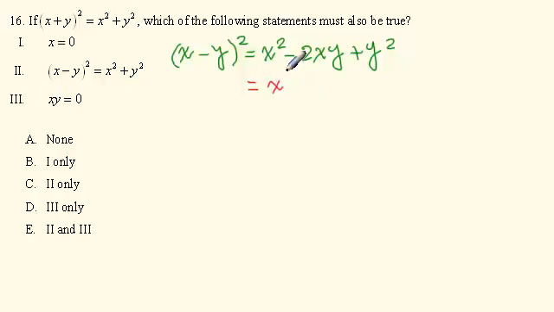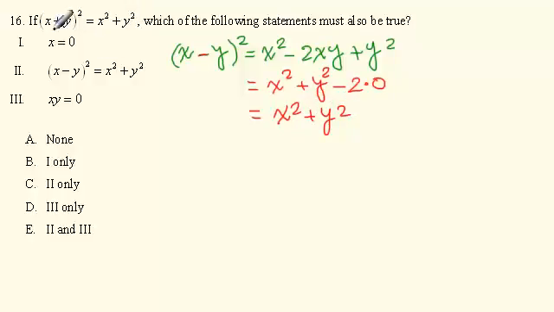So (x minus y) quantity square is equal to x square plus y square minus 2 times 0, because this is 0. So that establishes that this is equal to x square plus y square.